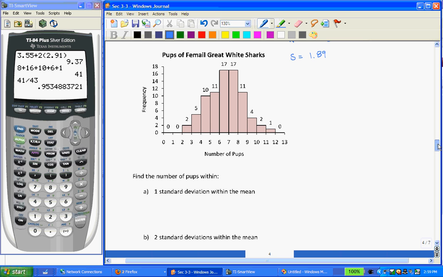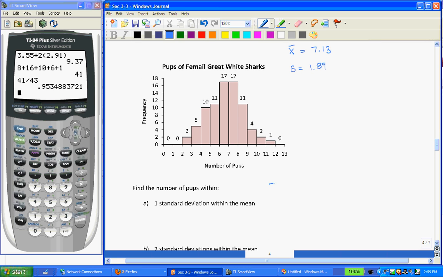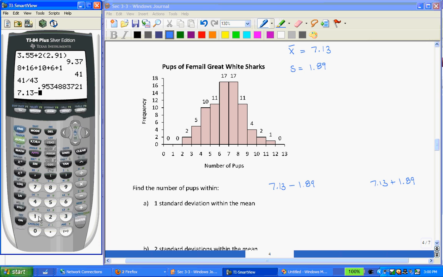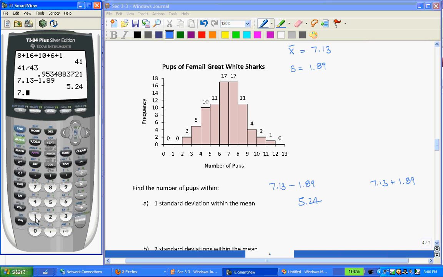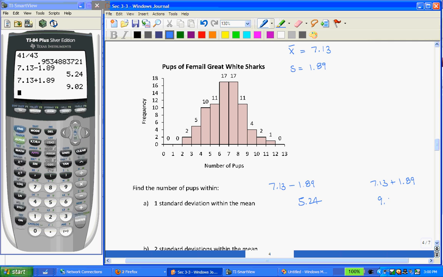So to find that interval, I'm going to take the mean and subtract off the standard deviation, and I'm going to take the mean and add on the standard deviation. So that's from 5.24 up to 9.02.